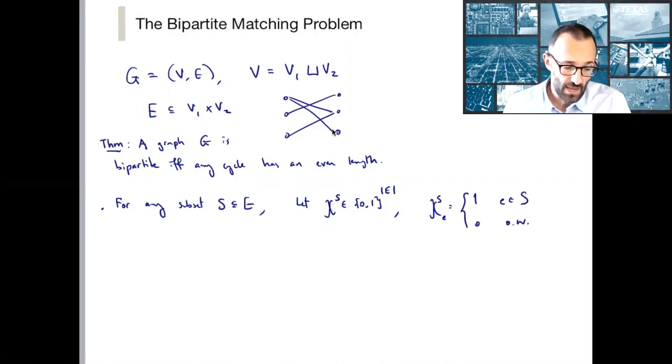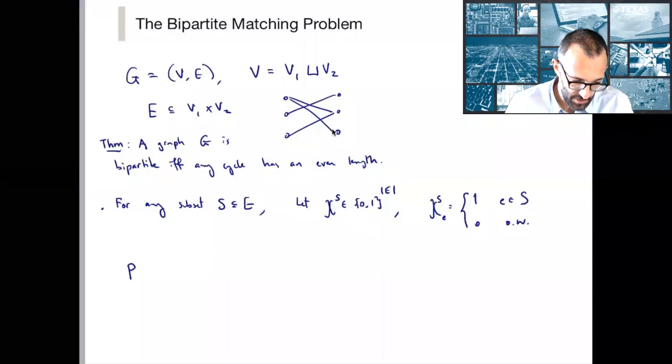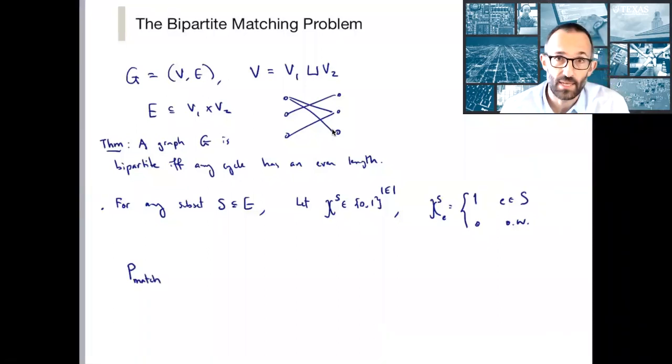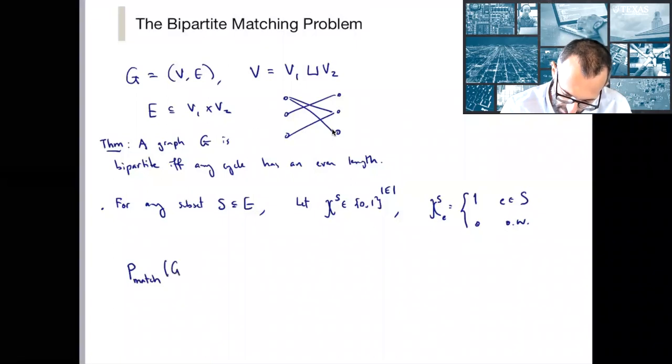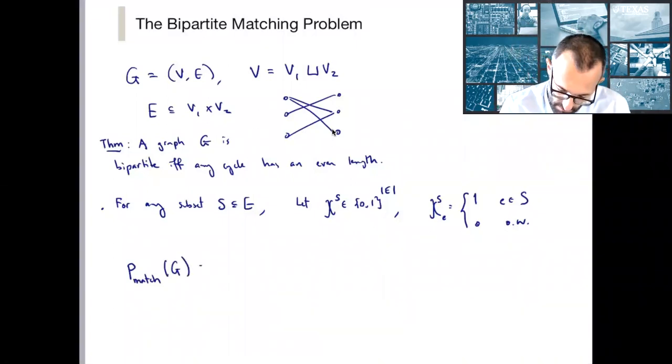And I'm going to define the matching polytope. I'll denote this as P match of the graph G to just be the convex hull of all of these vectors. So this is the convex hull of chi M such that M is a matching.